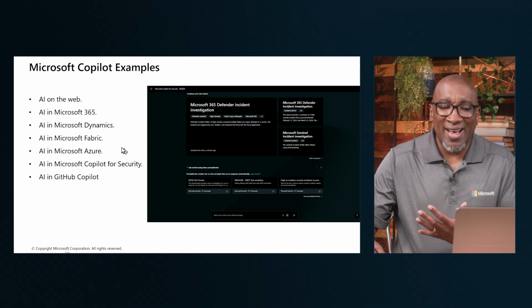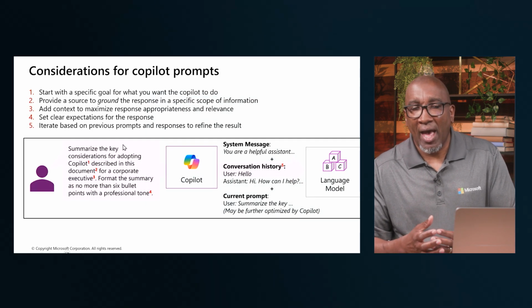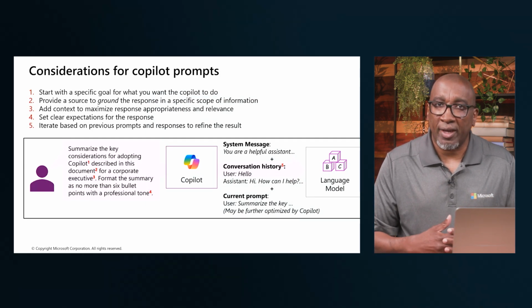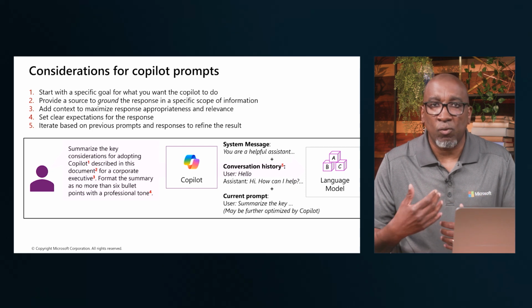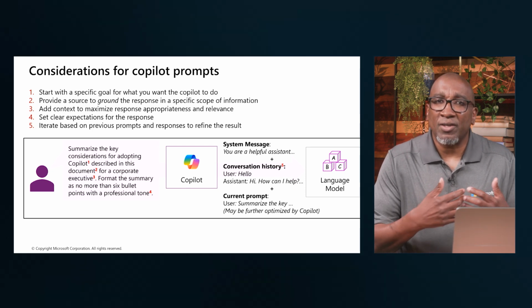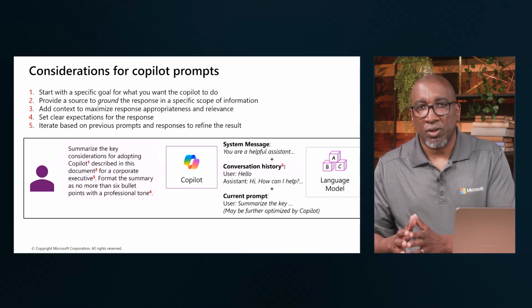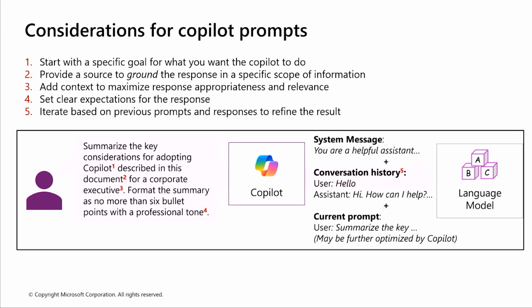Copilot is only as effective as how we interface with it. So a large part of what this entails is crafting effective prompts. An effective prompt should always have 4 key elements associated with it. Number 1, start with a specific goal. What is it you want Copilot to do? Second, provide a source.